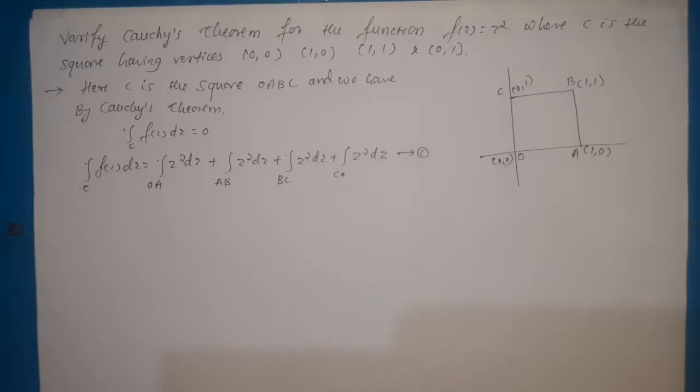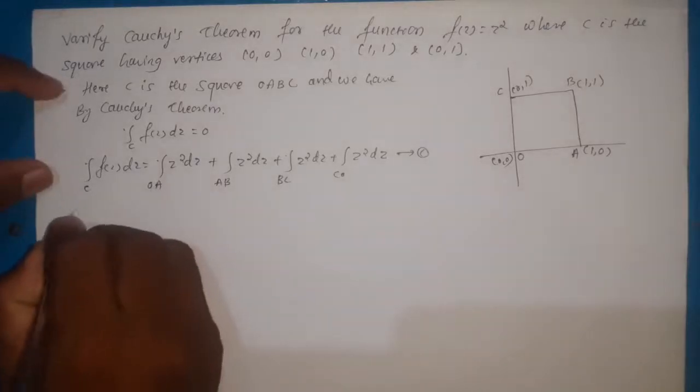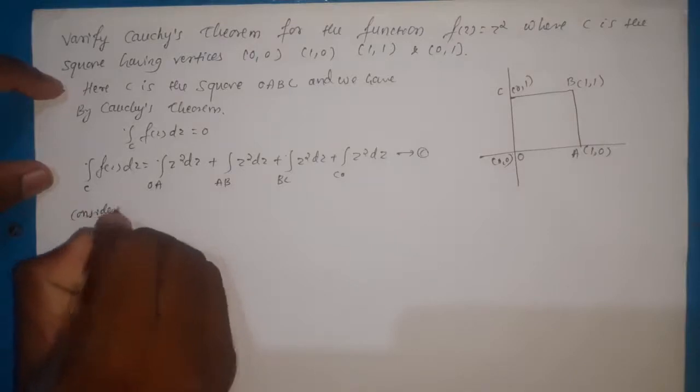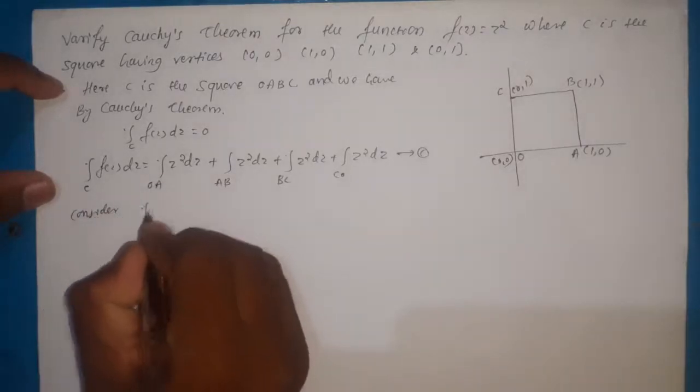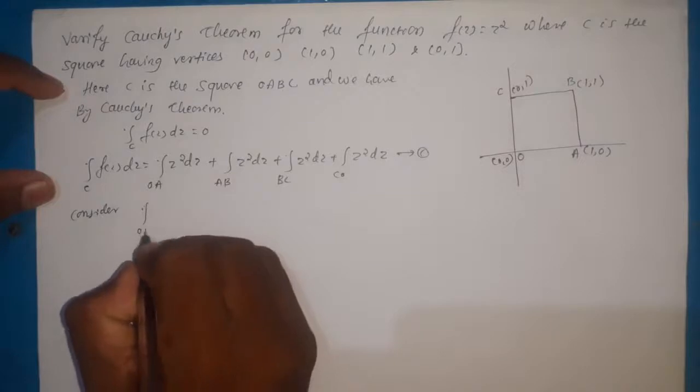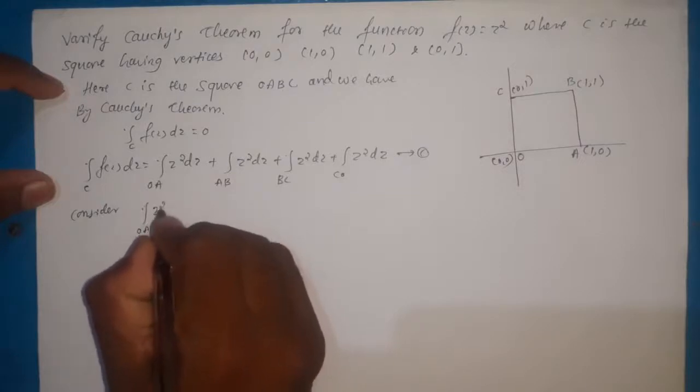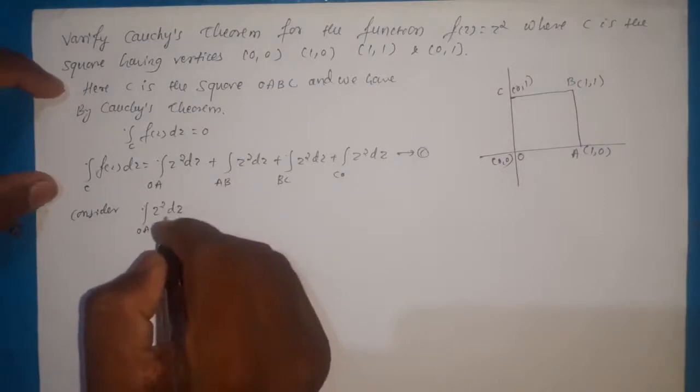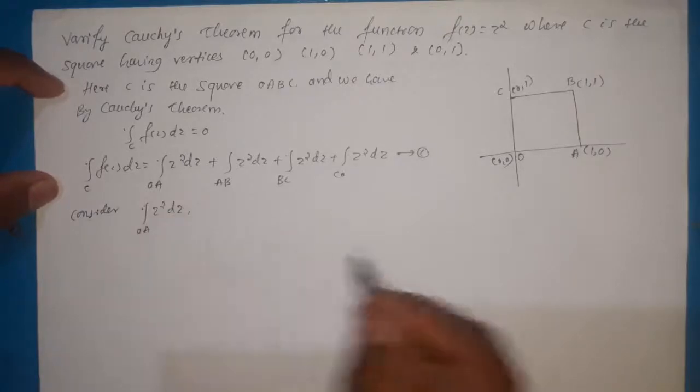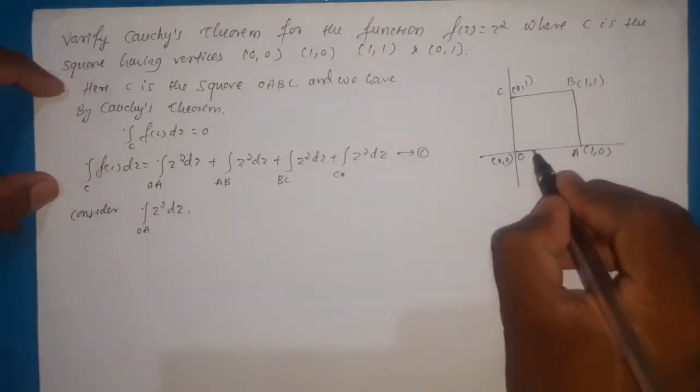Now first consider the integral over OA of z square dz. So here this is the line OA.